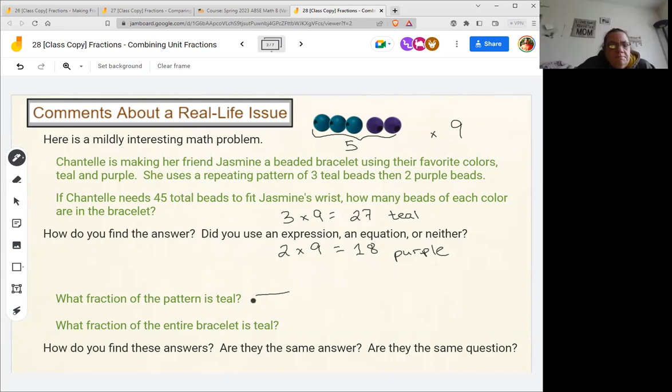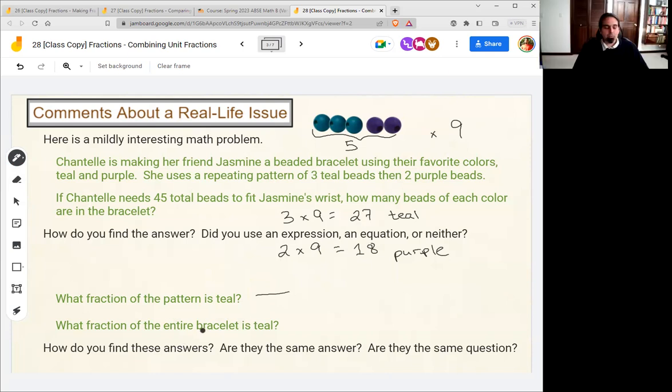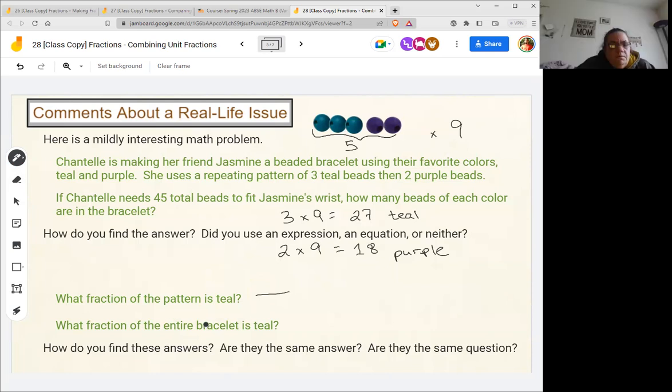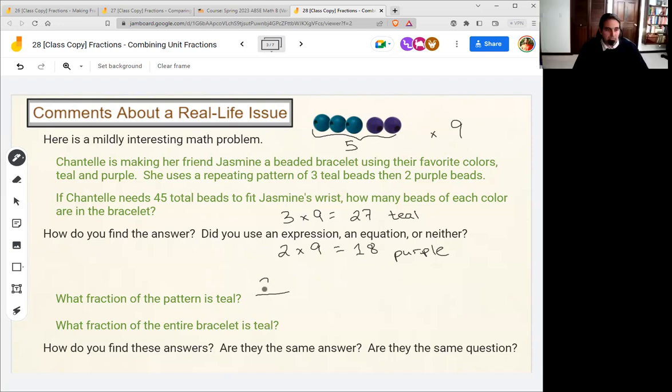18. 9. You were cutting out. I'm sorry. Start over. Fraction of the pattern is teal is 27. 27 teal.